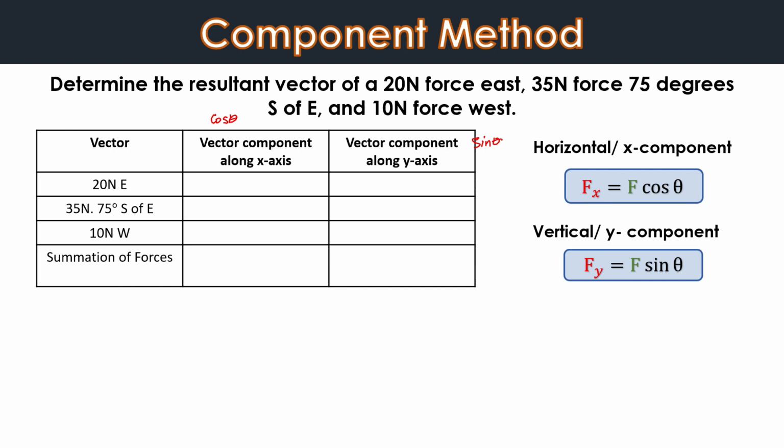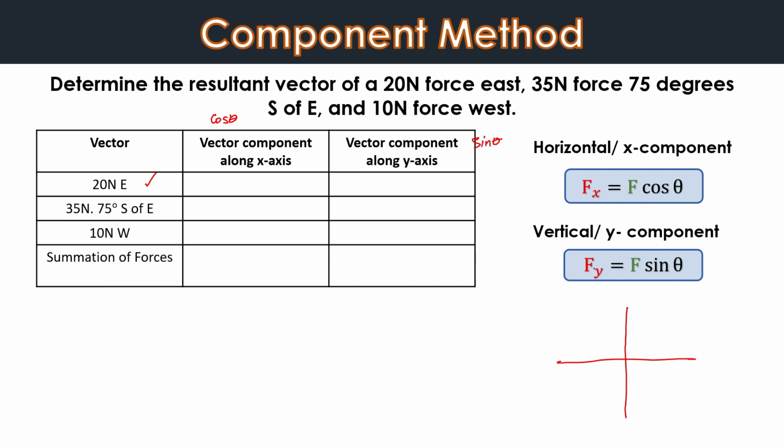Okay, so individual vectors ay hahanapan natin ng component. So halimbawa itong si 20 newtons east. Okay, hahanapan natin ng x and y component. Ganon din yung sa dalawa pang vectors na meron. And aside from that, we have to consider also yung Cartesian plane. Diba?